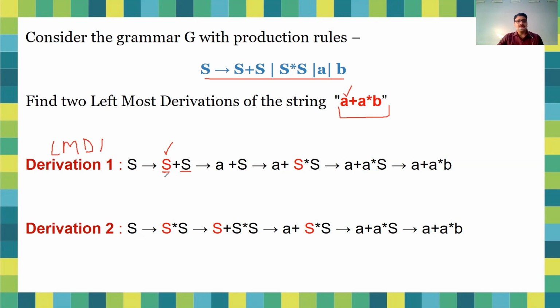So check whether this variable can produce a. Yes, it can. So replace this S by a, because this production is defined in the grammar.